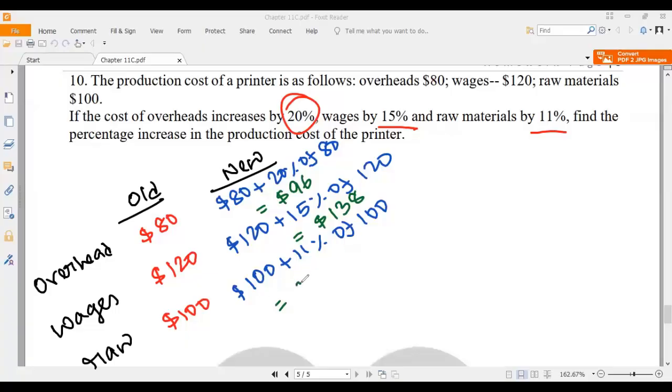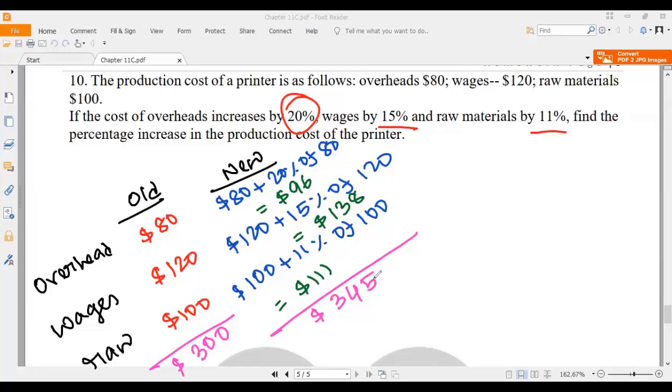So 100 plus 11 will be 111. So what is the total old cost? If we add in total, it will be 100 plus 120 plus 80, that is 300. What is the new total? 111 plus 138 plus 96. After adding that, we will get 345.